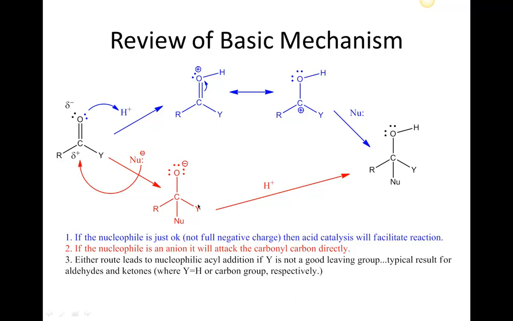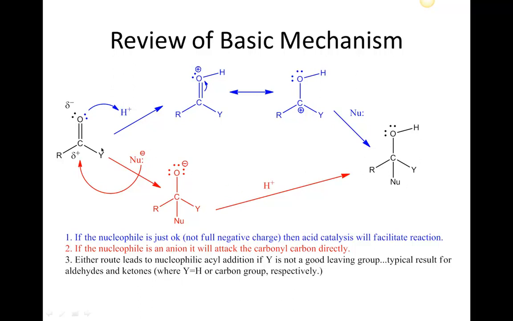Usually here, these things are all going to stick, because Y is hydrogen or carbon in the case of aldehydes and ketones, and those are not good leaving groups. The R group represents either a hydrogen or a chunk of carbon as well. And the nucleophile in these cases is going to be one of those four things we just said: hydrogen, carbon, oxygen, or nitrogen. So most of the time when it gets to this tetrahedral intermediate, the answer to the question of whether you want to make a double bond is no, and so it just sits here until you protonate and get to your addition product.